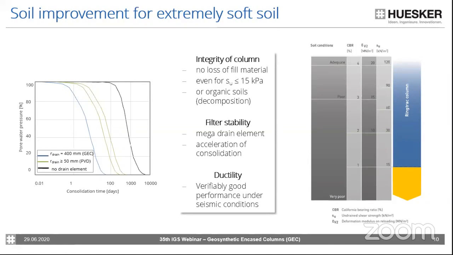So why does this system have advantages in extremely soft soils? This is because of the encasement. The encasement really helps to ensure the integrity of the column. So even if we do not have any lateral support from the extremely soft soil, there will be no loss of fill material. The shape will stay as it is, even for soils with undrained shear strengths less than 15 kPa.